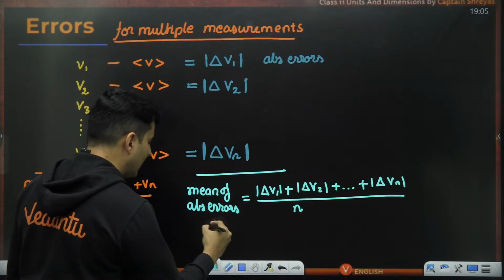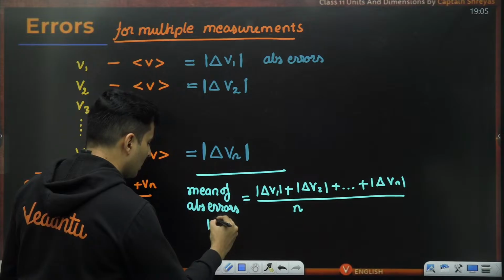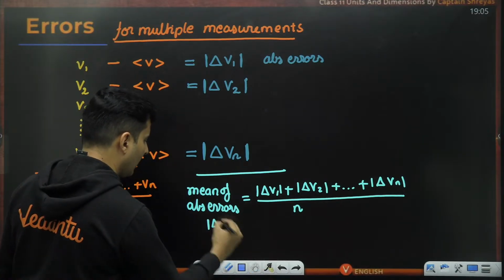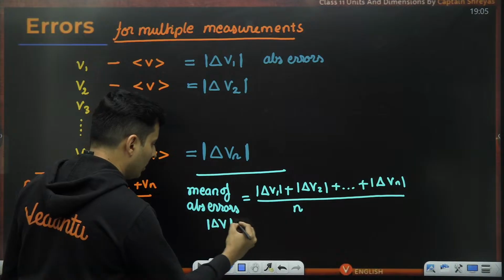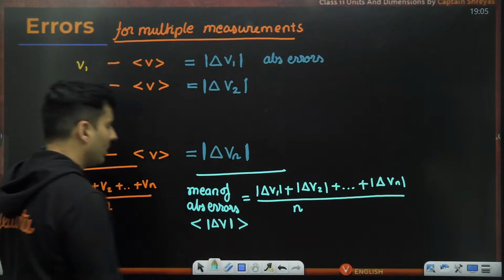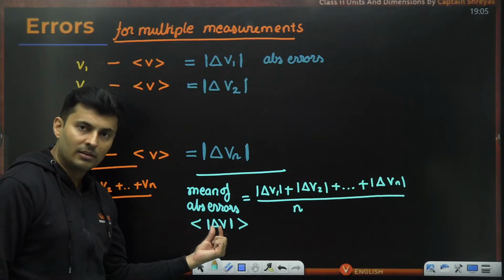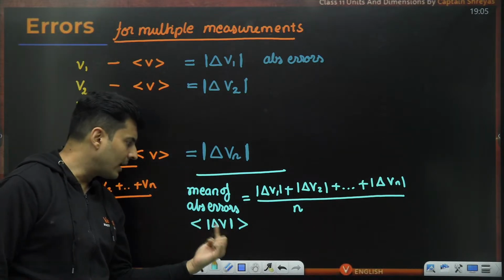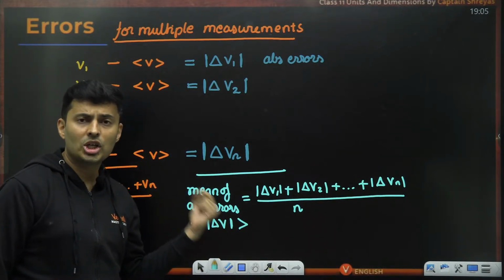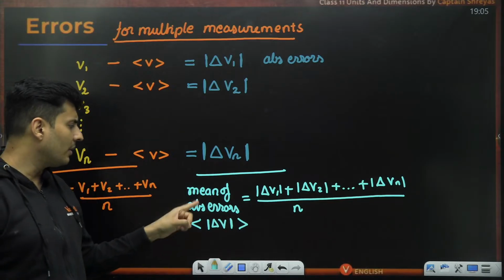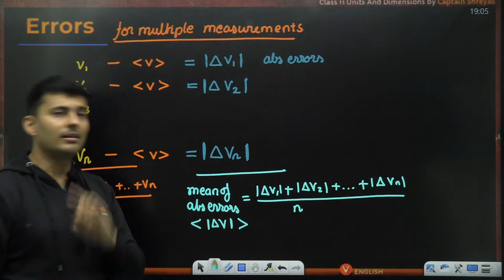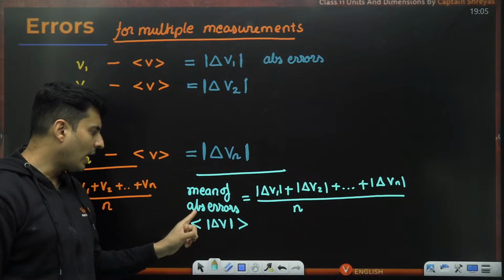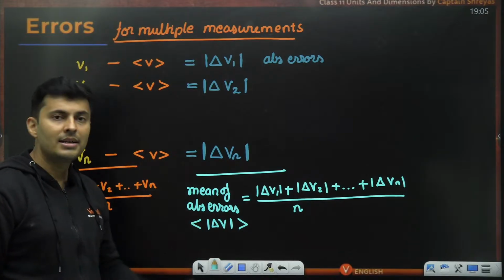So the symbol for that will be: you are taking the change, or basically the errors, so delta V, mod of that, and then I'll put triangular brackets. Delta is the difference, mod is absolute, and the triangular brackets signify the average or the mean value. Triangle for the word mean, mod symbol for absolute, error for that delta.